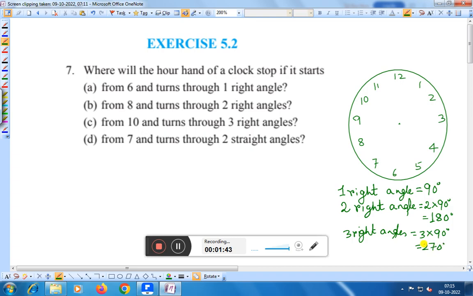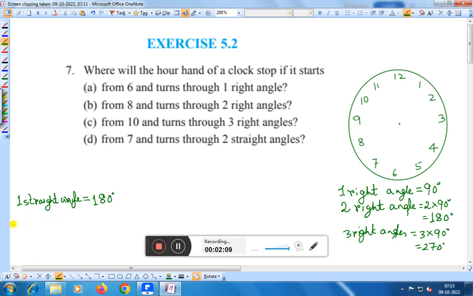270 degree, right? And one straight angle is equal to 180 degree.